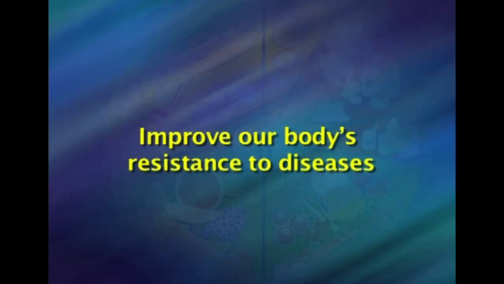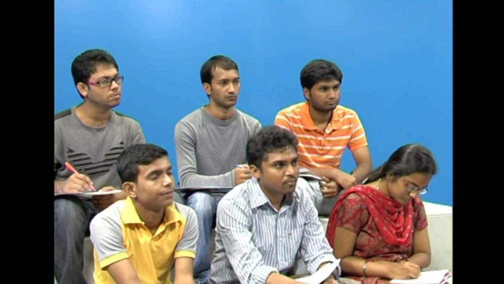And also it helps in removal of waste products from the body. The fourth and final function is the one which will help to improve our body's resistance of the disease. So these were the physiological functions of food.